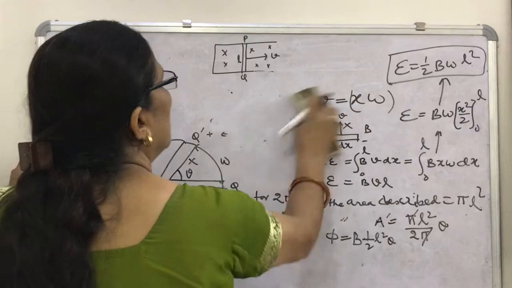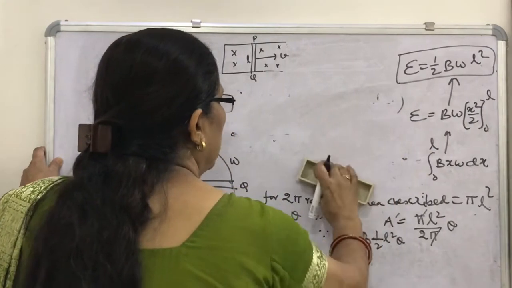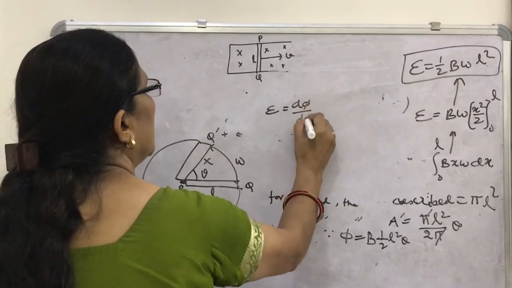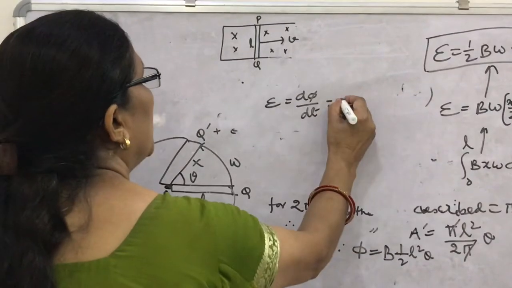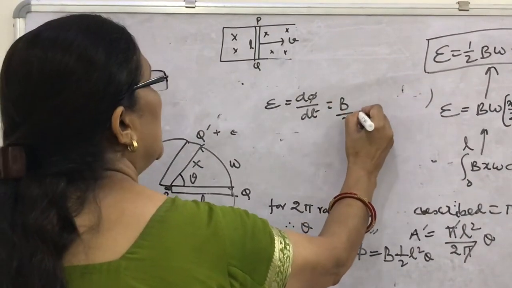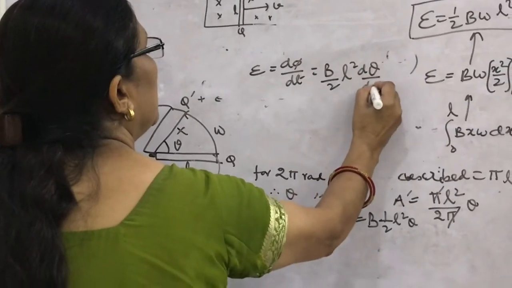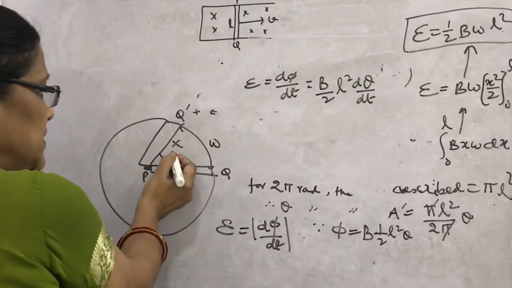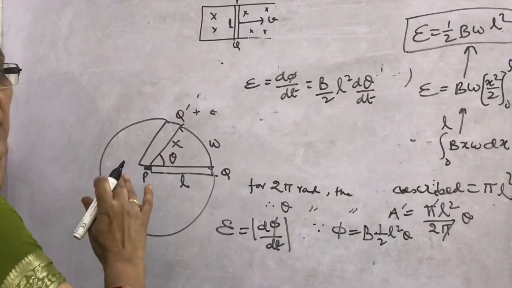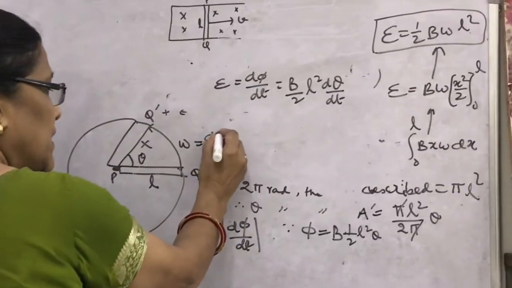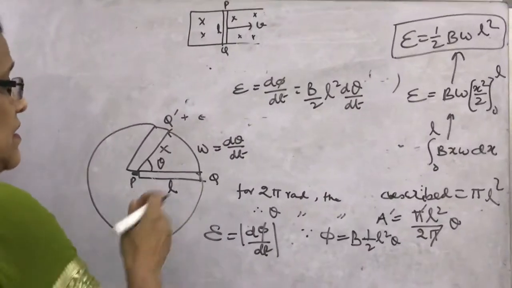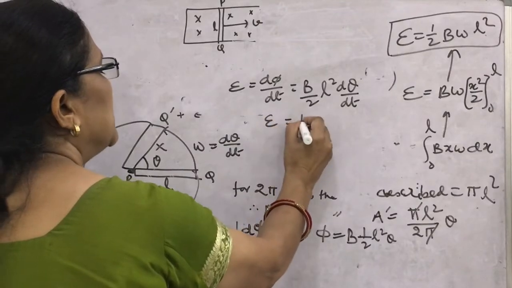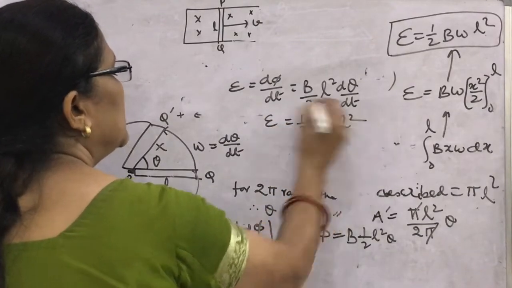EMF will be d phi by dt, or this will be B by 2 L square d theta by dt. What is d theta by dt? The rate of change of theta, which is angular displacement, is omega, the rate of change of angular displacement, that is angular velocity. You put here, so again you got the relation half B omega L square.